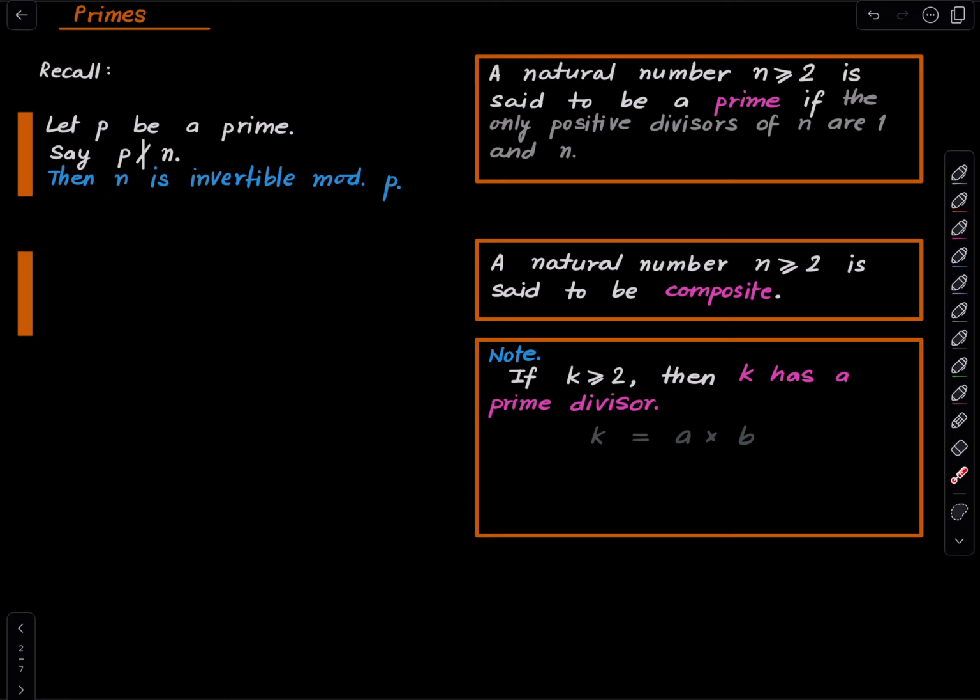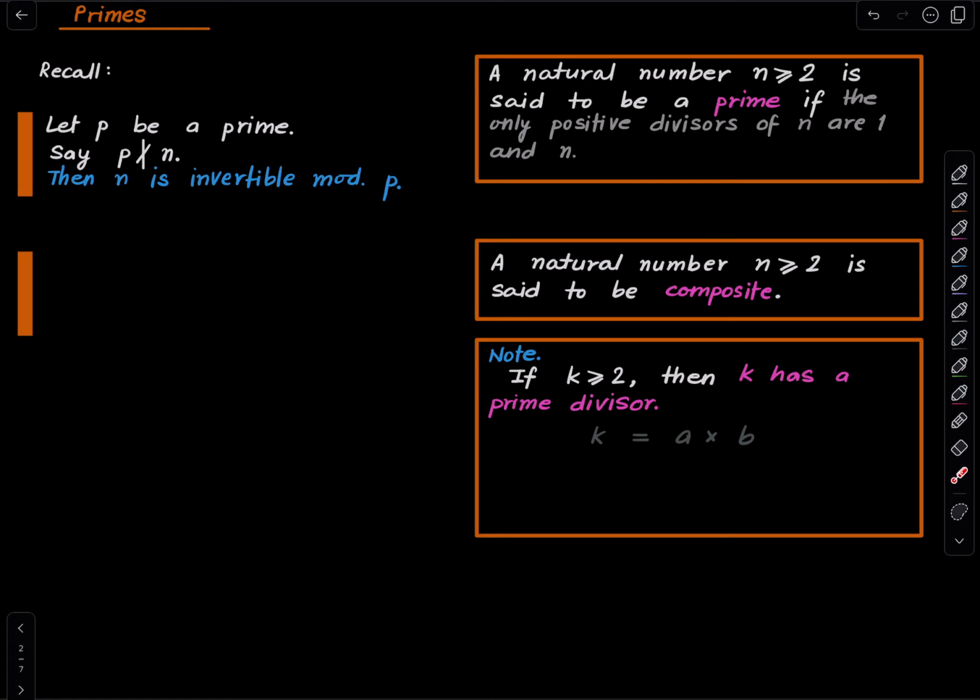If P doesn't divide something, and P is a prime, then it is relatively prime to that thing. It's a trivial remark. But by Bezout's theorem, there exist integers x and y such that px plus ny equals 1. That is the non-trivial thing, which is written in blue. It's the same thing as the statement.